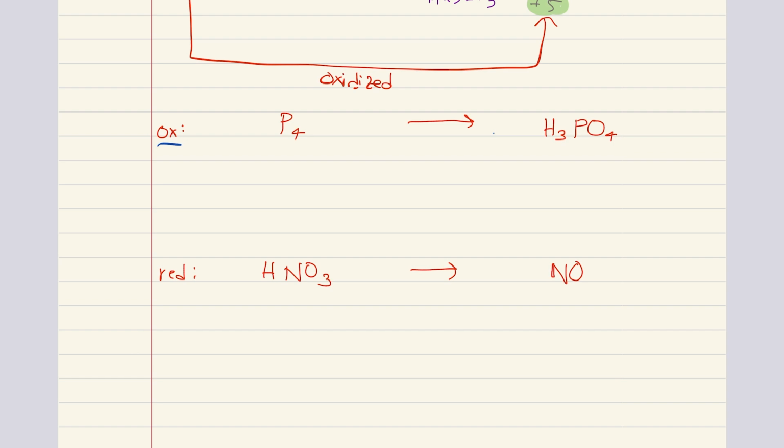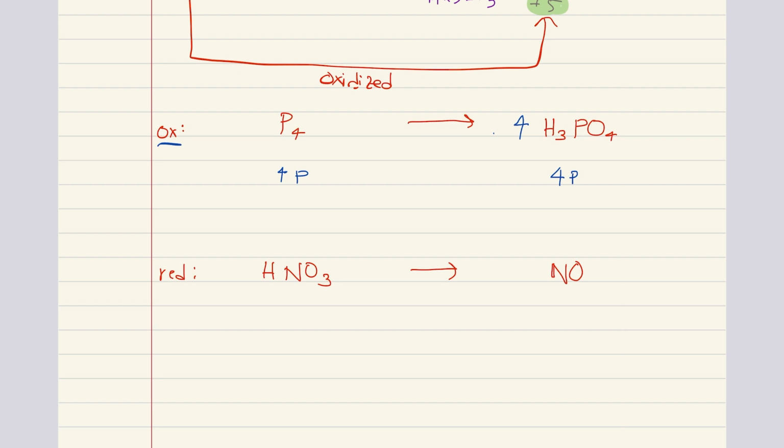We're going to start with phosphorus. We have 4 phosphorus atoms on the reactant side and only 1 on the product side. So to balance that, we're going to add a coefficient of 4 in front of phosphoric acid. Now that's balanced, and we can worry about oxygen next.